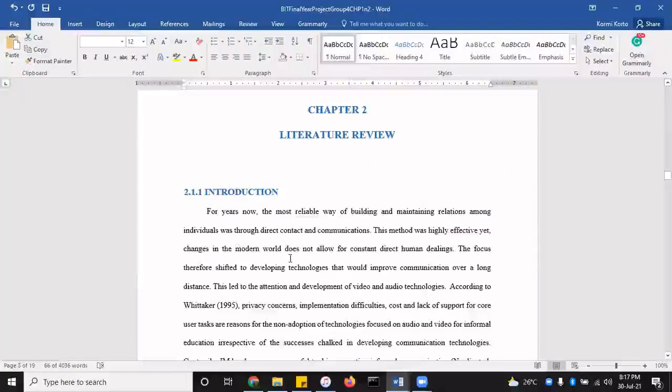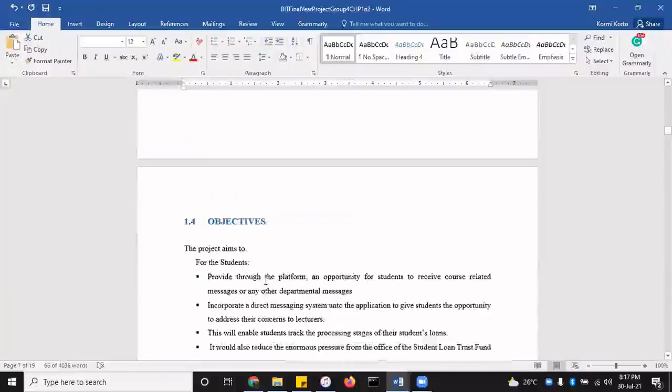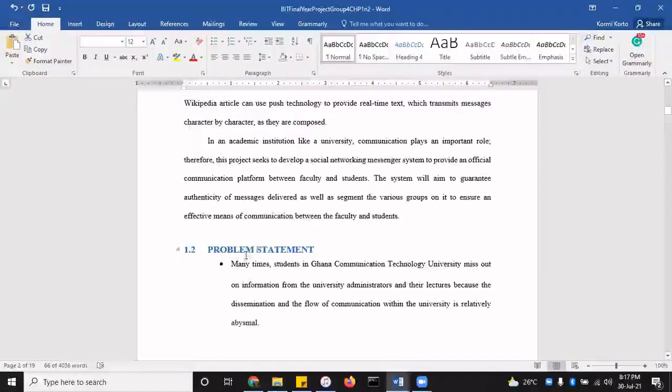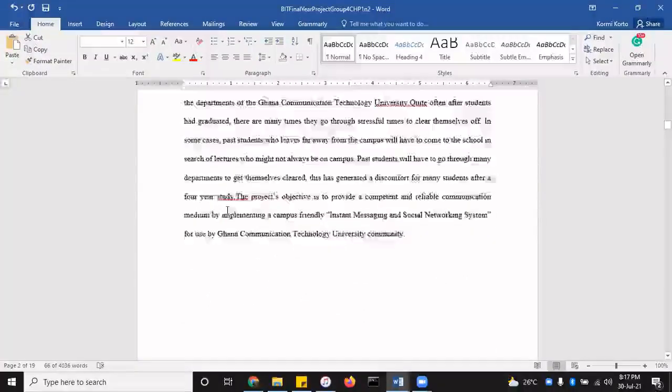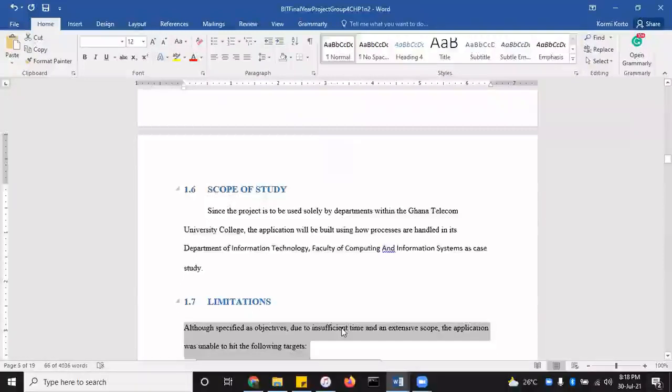Now, when you go to chapter 2, this is where you start more elaboration on your problem statement and then your objectives. So your entire chapter 2 should tell us more literature, more research about the problems that you indicated in your chapter 1, that are so relevant, or such a hindrance within the university community, that you want to solve.